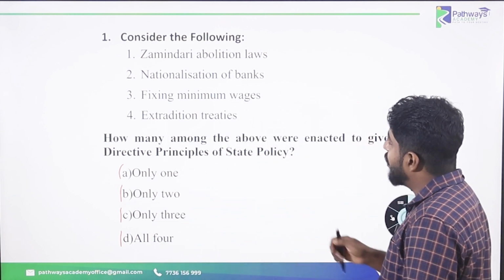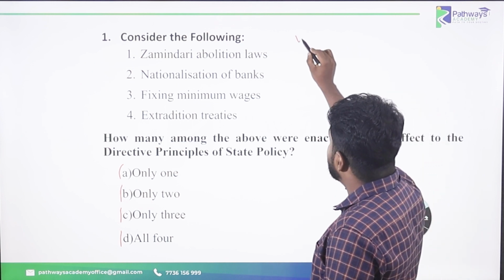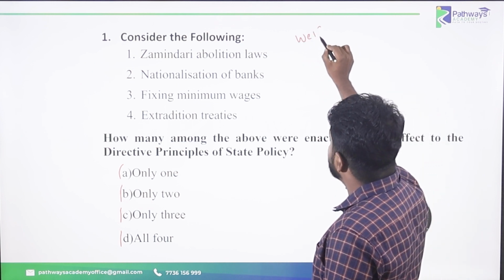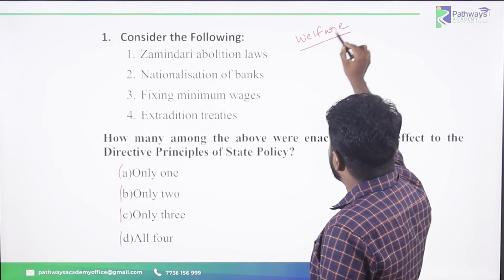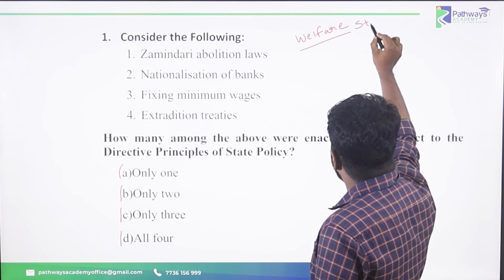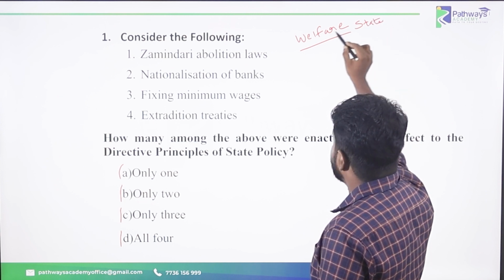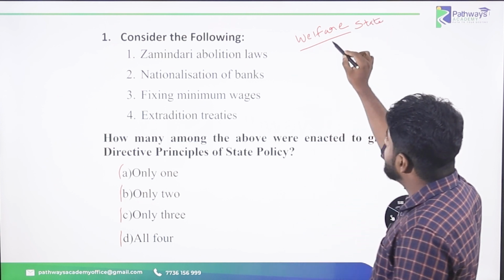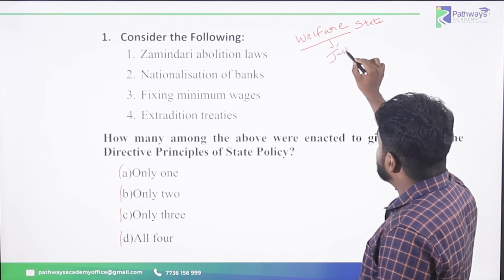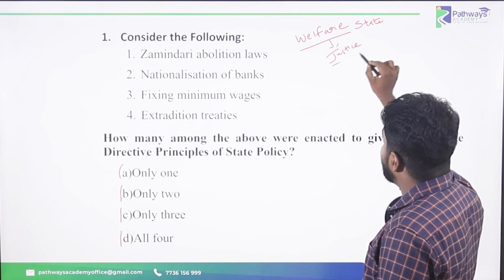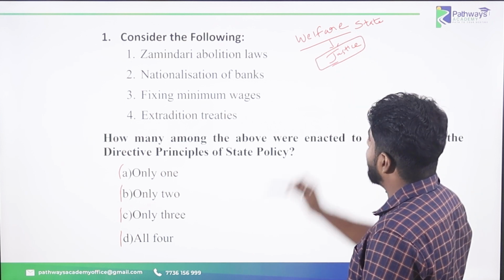Now you know the basic plan of directive principle of state policy is welfare, isn't it? Welfare state. This is the plan of directive principle of state policy. Welfare state means you need to provide justice. Justice is the ultimate aim of a welfare state.